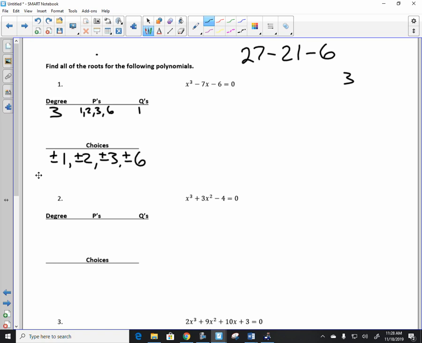X minus 3 divides evenly. You guys learned on Friday how to divide polynomials, right? So what I'm going to do is divide this. 3 goes into, and I drop the 1, the 0, the negative 7, and the negative 6.